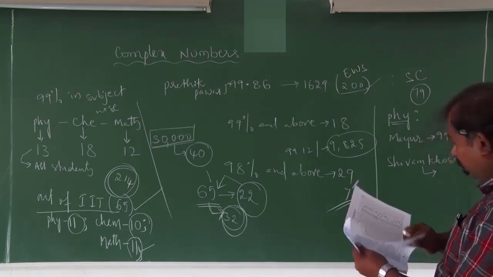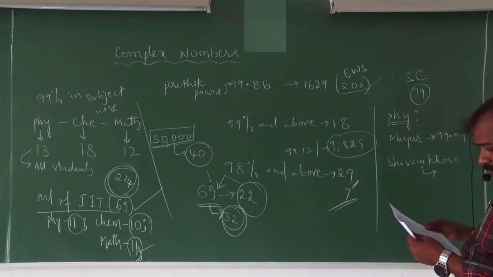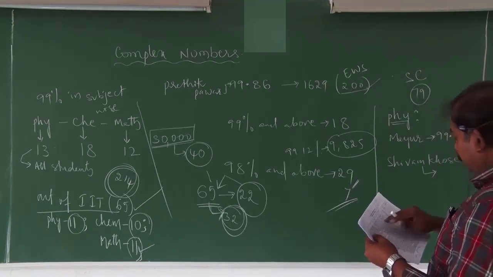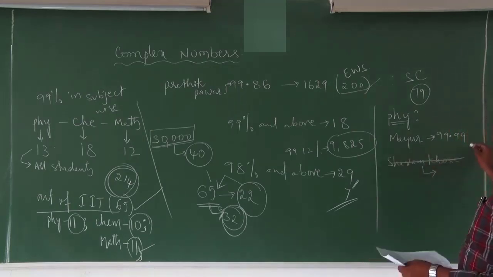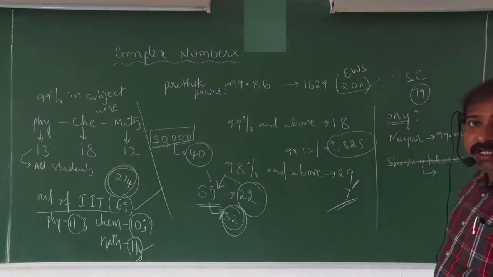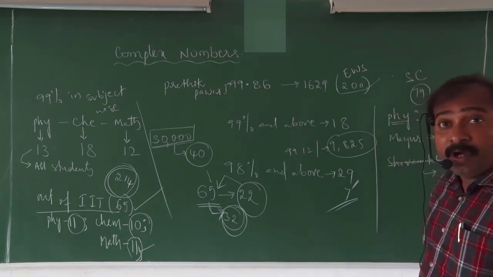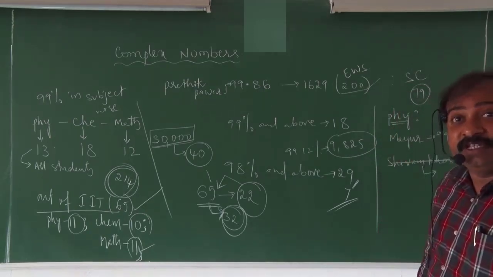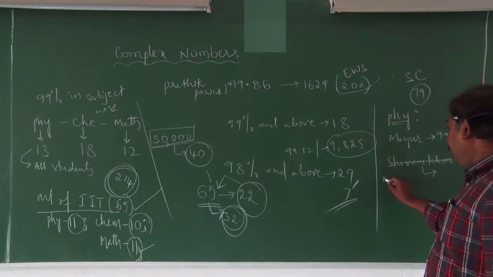That's it. Only one student is there. Shivam Kose is not in it, this is 98.9. Leave it. So only one student is there, Mayur. He got 99.99 percentile in physics. Now go to maths.